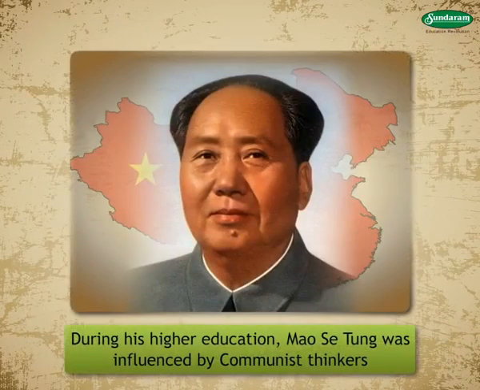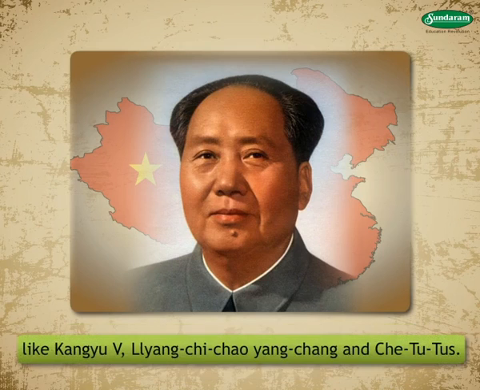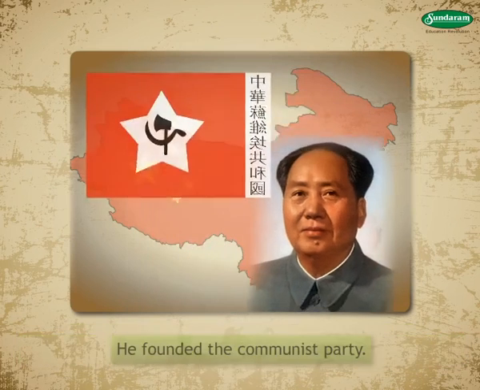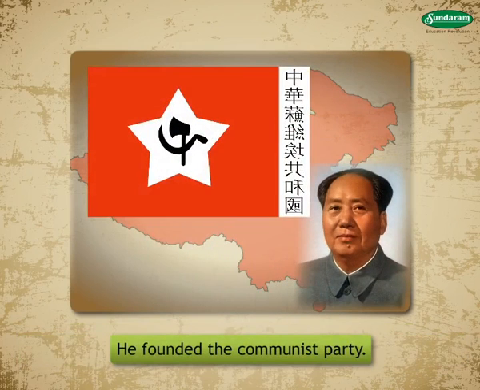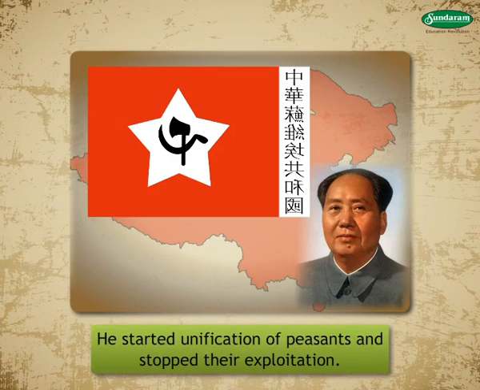During his higher education, Mao Zedong was influenced by communist thinkers like Kang Yu-vi, Liang Qichao, Yang-chang, and Chi Tu-tus. He founded the Communist Party. He started unification of peasants and stopped their exploitation.